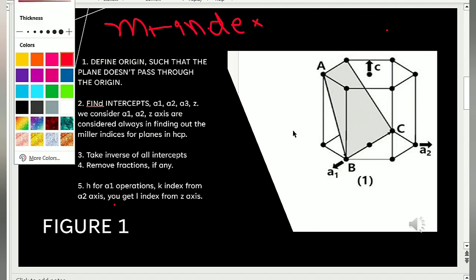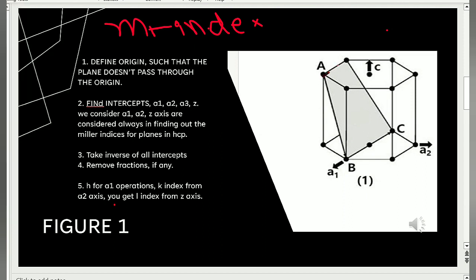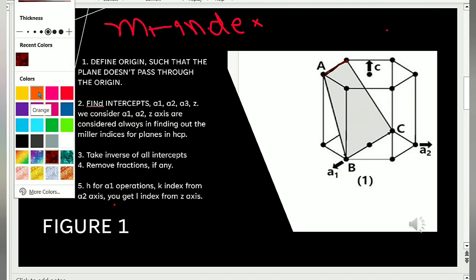All right, and we can see here this is our plane, and there is a problem here.